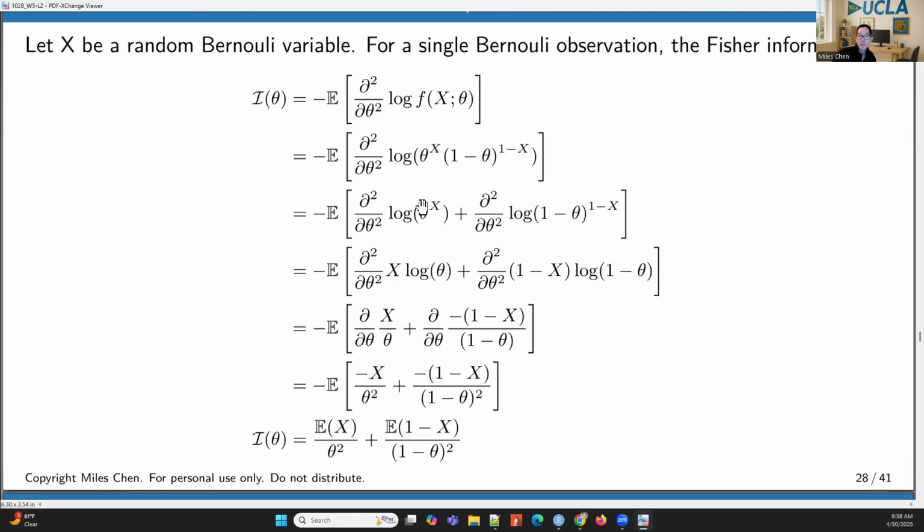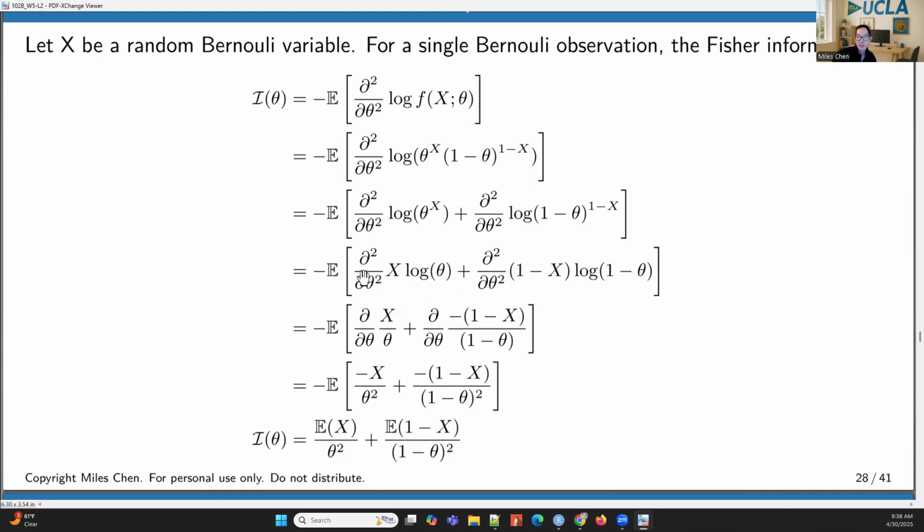We take the log of that, which splits into log of theta to the x and log of 1 minus theta to the 1 minus x, and we want the second derivative of this. I haven't taken the second derivative yet, but this becomes x log theta plus 1 minus x log 1 minus theta.